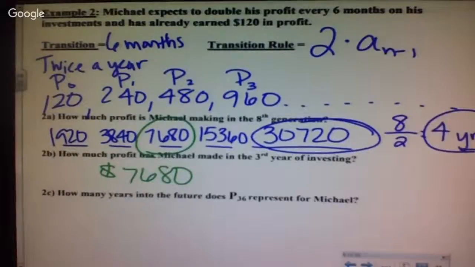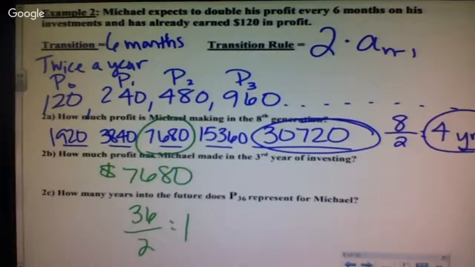36 divided by 2 equals 18. Hold on, I'm trying to do the math in my head. How many times does 2 go into 3? 1, with 1 left over.